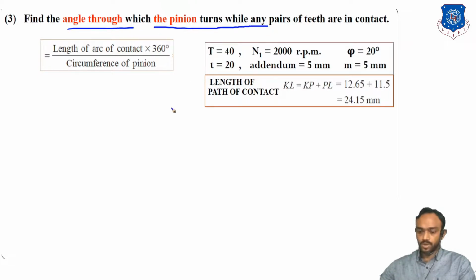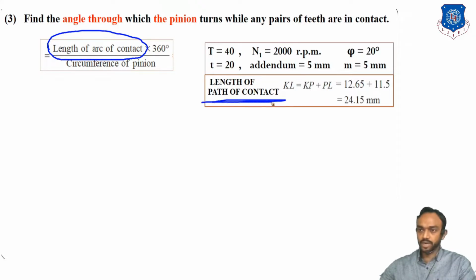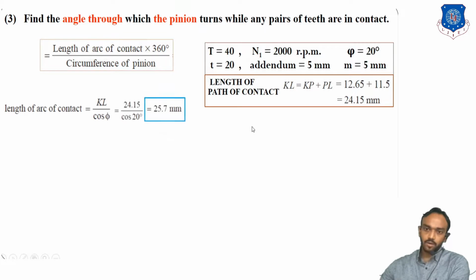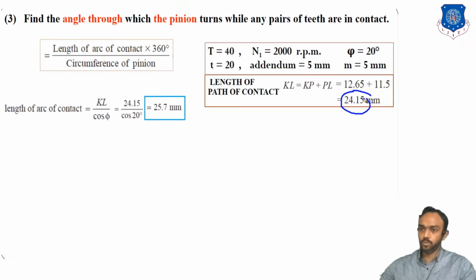Okay, so let's start. First of all, we find the length of arc of contact. How can you find it? It is equal to the length of path of contact divided by cos phi. So KL by cos phi: you have already found KL equal to 24.5, divided by cos 20, and the arc will be 25.7.